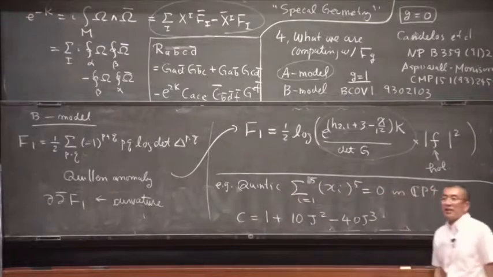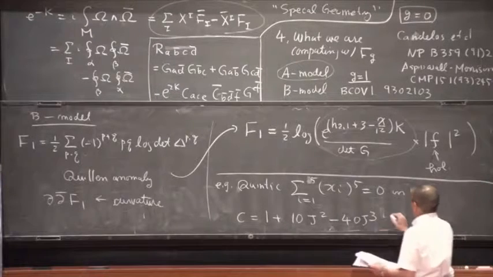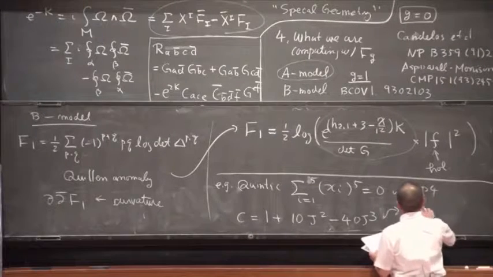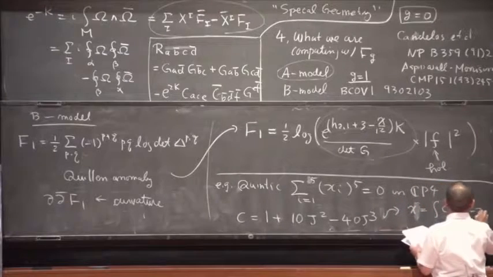The term linear in j is missing. This is because this is a Calabi-Yau space, so the first Chern class is 0. And from that, I derived that the Euler character, namely the integral of c3, is minus 200.